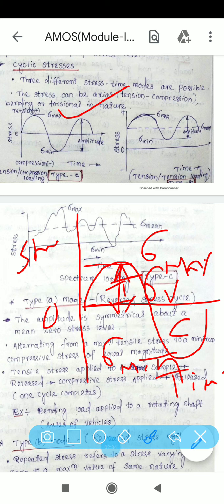See the diagram. This is your reverse stress cycle. Completely reverse cycle means the positive cycle must equal the negative cycle.